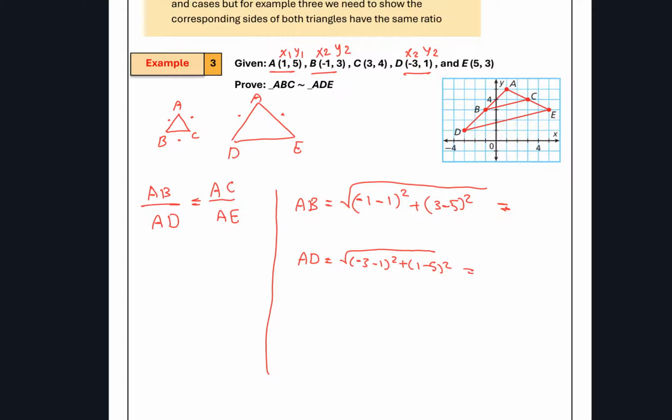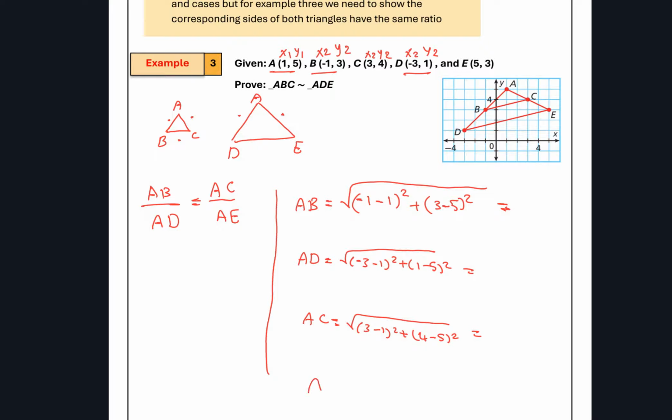Let's go to the second part, AC. So AC equals how much, students? Point C. Again, let's make this one x2, y2. 3 minus 1 squared plus 4 minus 5 squared. We get the answer.